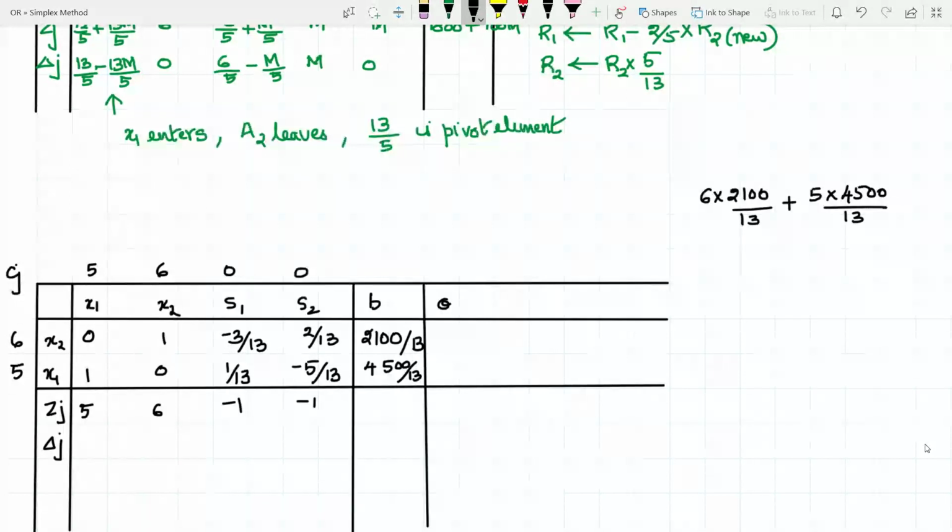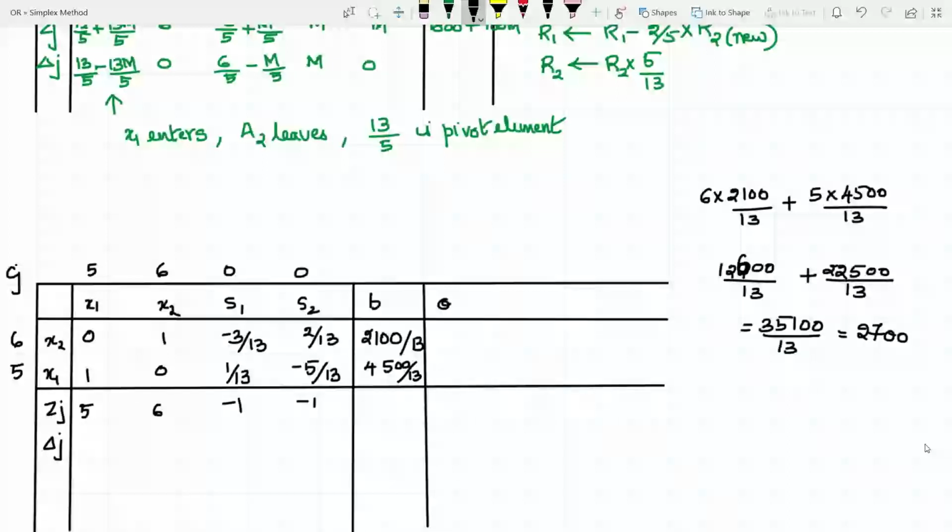So you have 6 into 2100 is 12600 divided by 13 plus 22500 divided by 13. This is the value you get: 35100 divided by 13. The value you get is 2700. So you have your 2700.